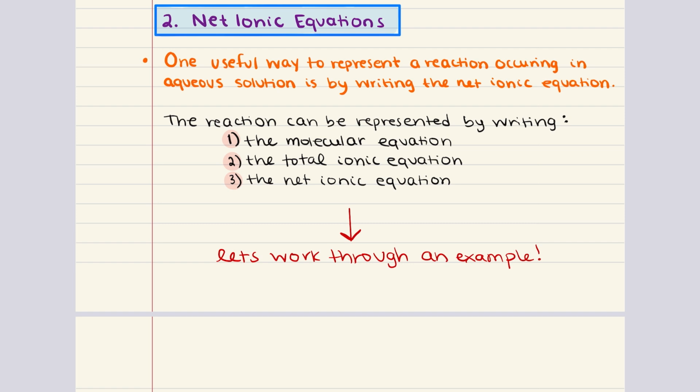Then in the second step, the total ionic equation, you want to write your aqueous reactants and products in their dissociated form, keeping in mind that our solids, our insoluble salts, are going to stay as is. Then you're going to get rid of your spectator ions. These are the ions that appear in both the reactant side and the product side. You're going to get rid of those, and what you will be left with is your net ionic equation.